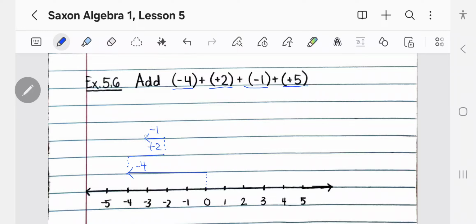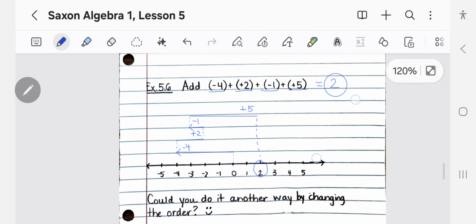And then positive direction 5. So there's 1, 2, 3, 4, 5. Positive direction 5. And I end up at the number 2. This is equal to 2. And that 2 is a positive. Now remember, if we do not put a symbol in front of the 2, that means it is positive. And that is our final answer.